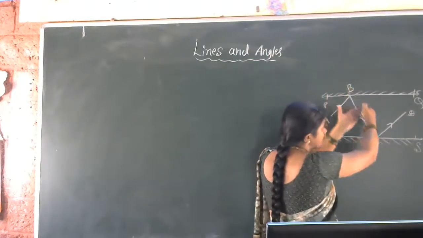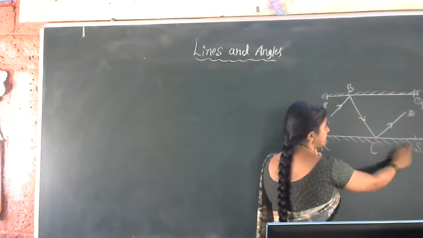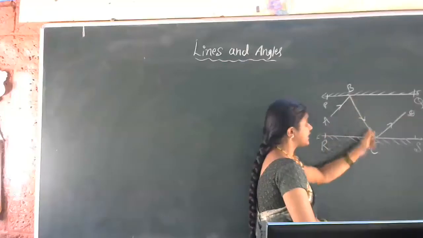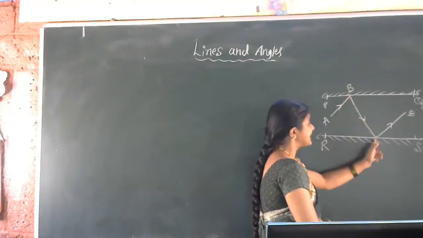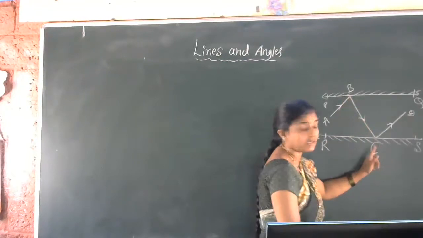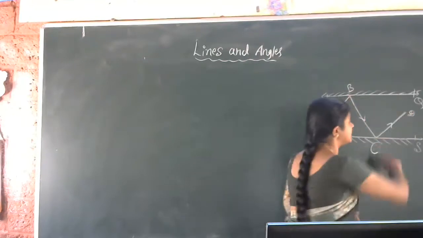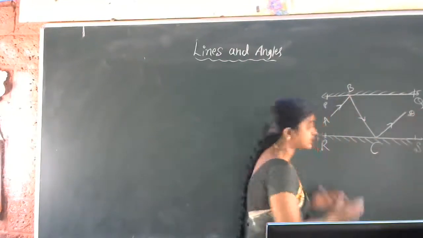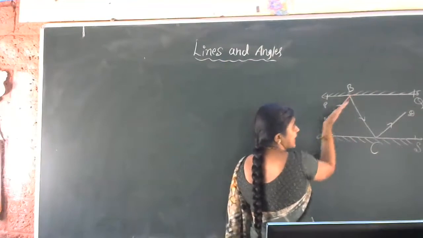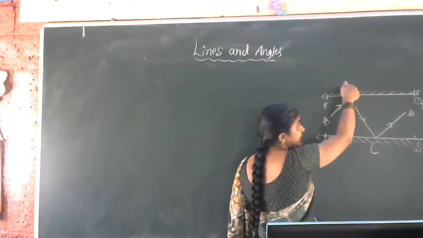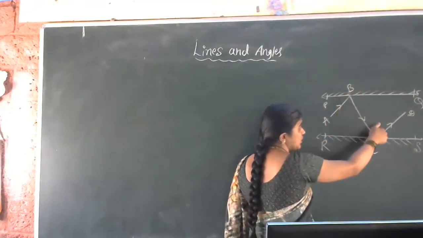Again, this reflected ray is incident on another mirror RS. Are you observing this one? This reflected ray of AB is incident on the RS mirror at point C. Again it reflects back in the direction CD. So AB is incident at point B on the PQ mirror, then it reflects in the direction of BC.